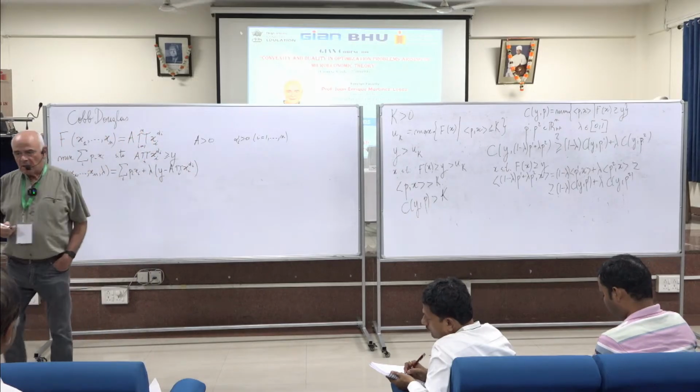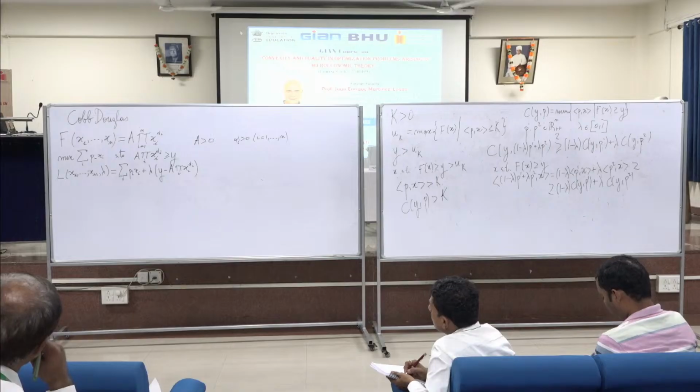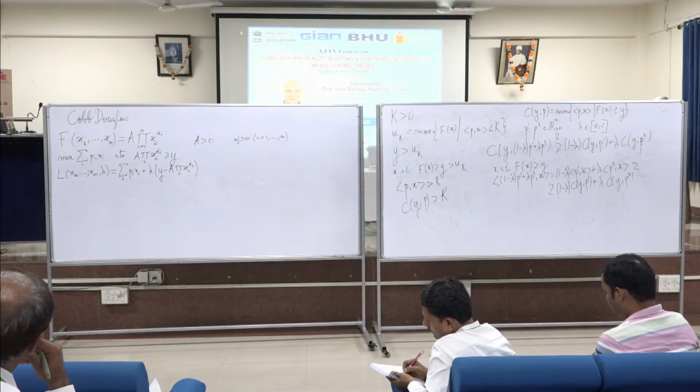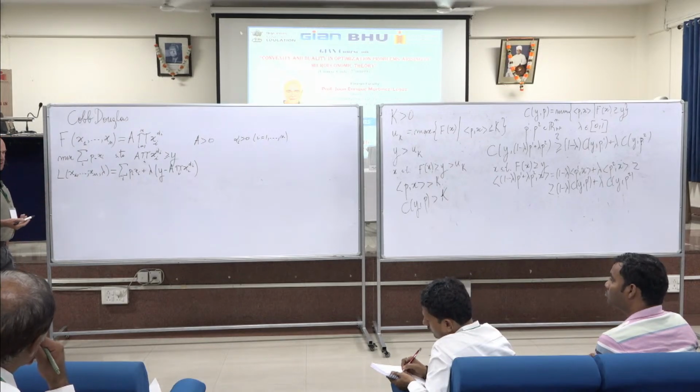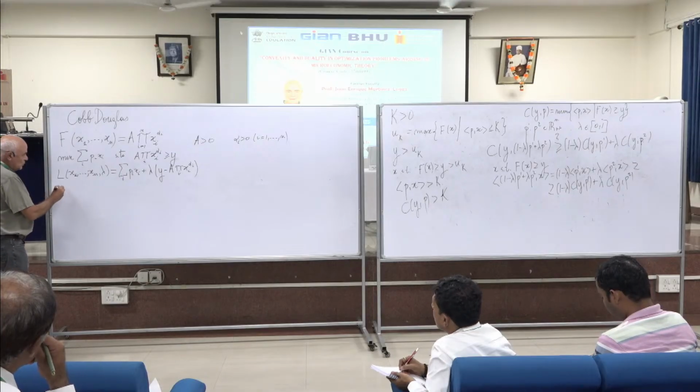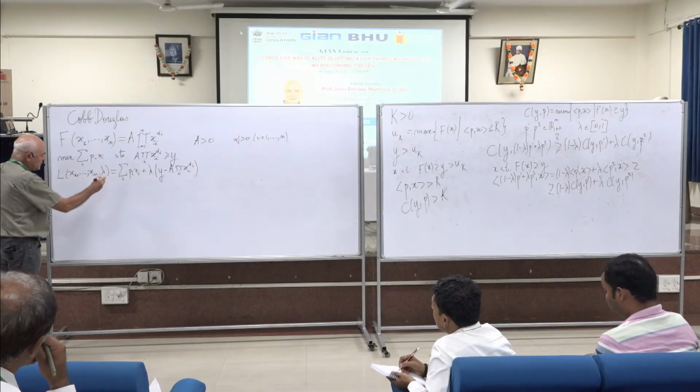Okay, this is the Lagrangian. And the KKT conditions are: gradient with respect to x equals 0, so partial derivatives. So I take the partial derivative with respect to xj.